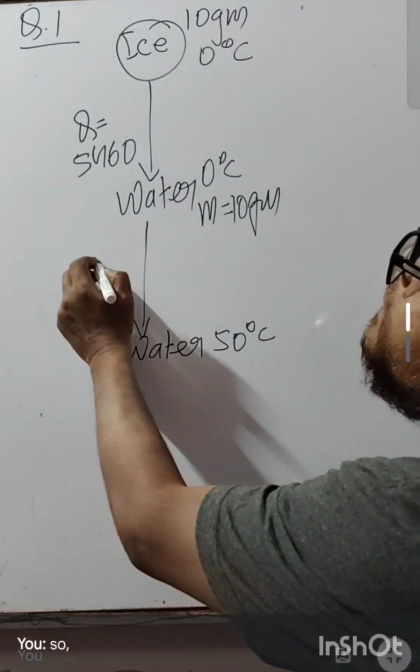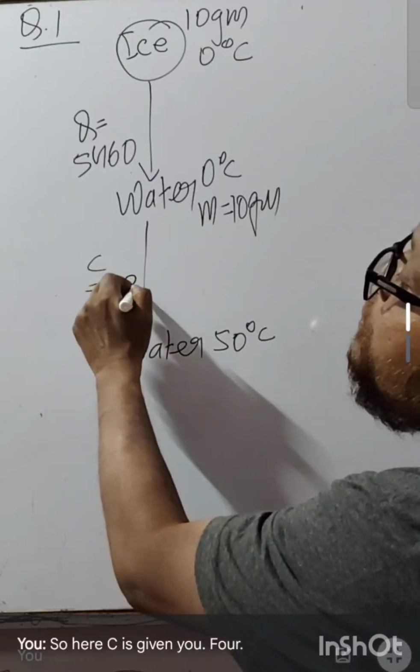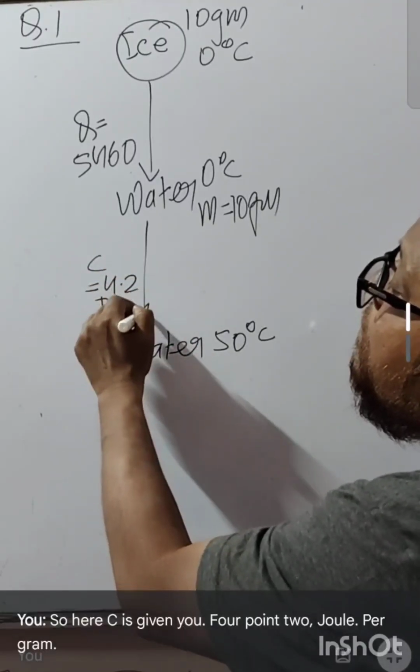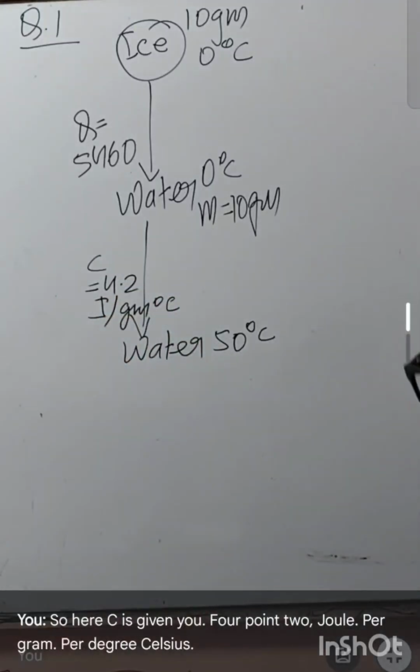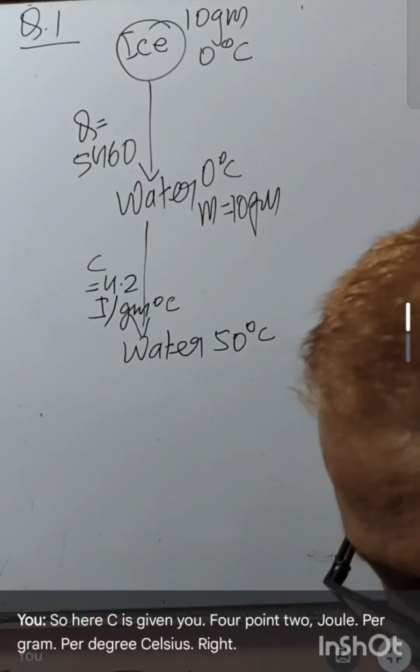So here C is given to you, 4.2 joule per gram per degree Celsius.